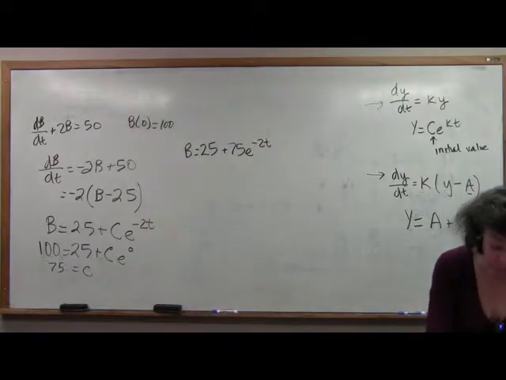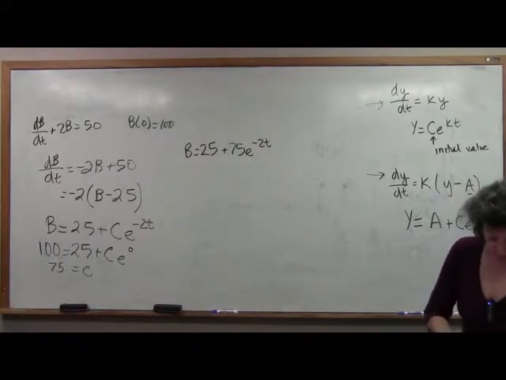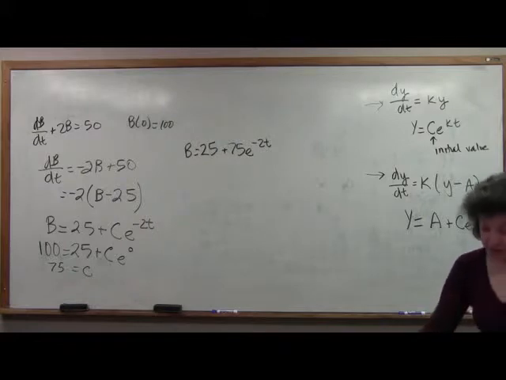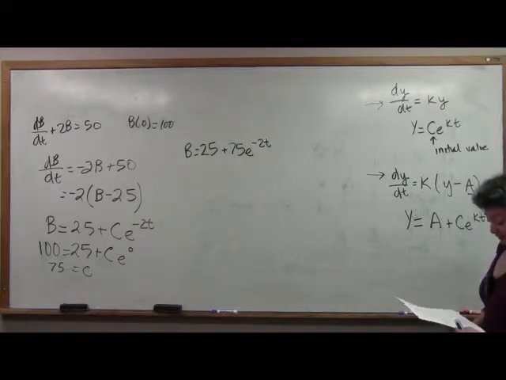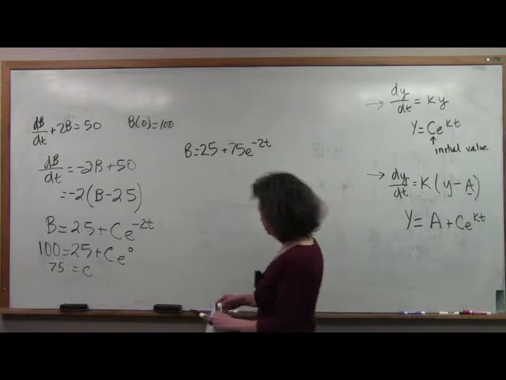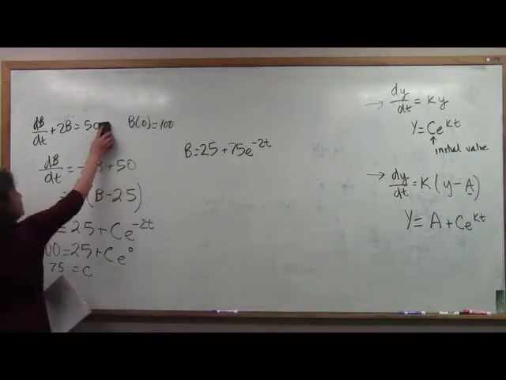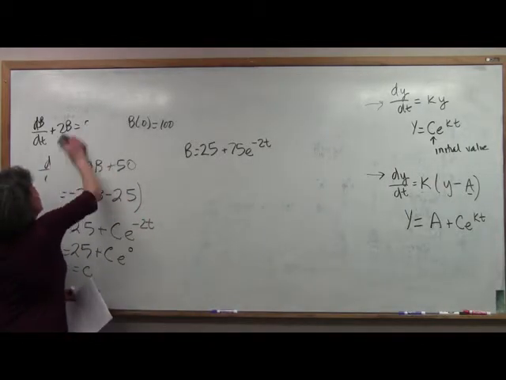Okay, so here we are. Now, I would like to do a couple more examples of this sort. Okay? These are going to be more of a word problem type.